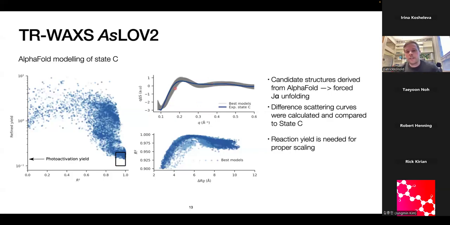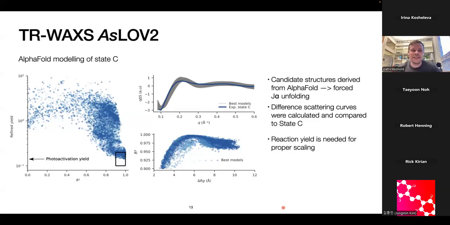And then you see on the right how these line up with the experimental data, which is quite nice, I would say. On the bottom right, you have the change in the radius of gyration, which peaks right around 6 angstroms, which seems reasonable. So we were quite happy with this.